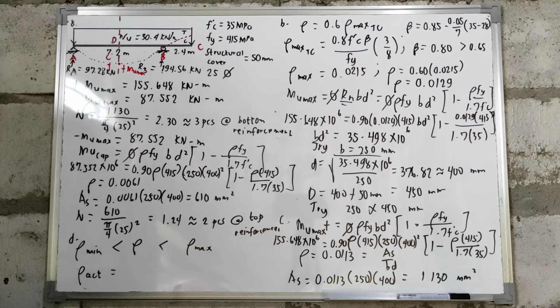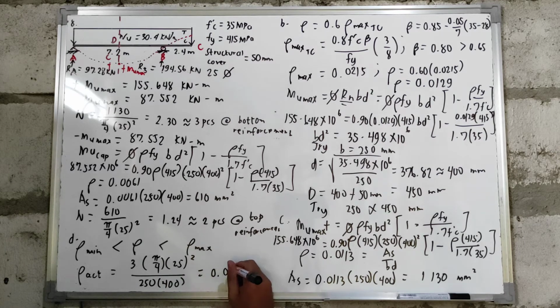Yung number of bars natin dito sa rho actual natin is meron tayong 3 piraso ng 25 mm over yung width natin na 250 and effective depth of 400 mm. So you will have a value of 0.0147.